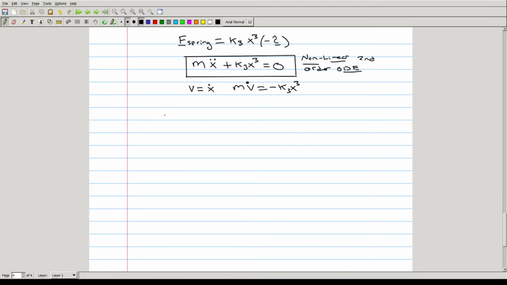So with xi the same as before, we have that xi dot, which is just the vector x dot, v dot, is equal to v, negative k3 over m times x cubed. And this is some vector function of just xi and xi alone.